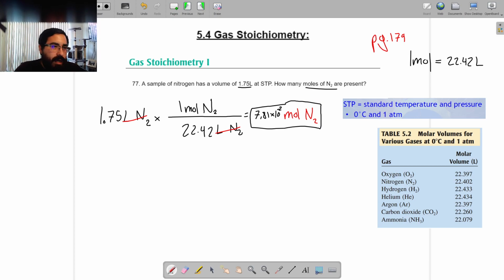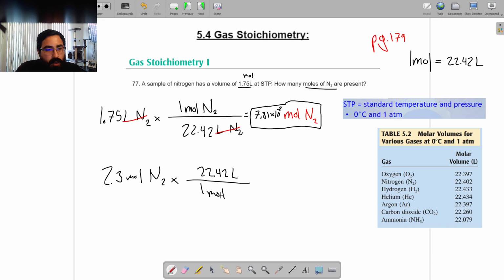Now, let's say you had a different type of problem where it gave you moles and you had to go to liters. Well, it would just be flipped. Let's just say you have 2.3 moles of N2 and you wanted to find the liters. Well, you know that 22.42 liters is 1 mole. So you can solve it that way.